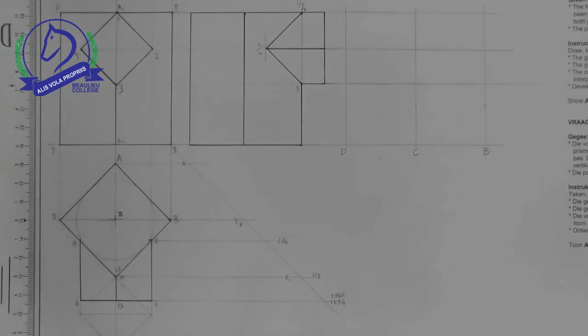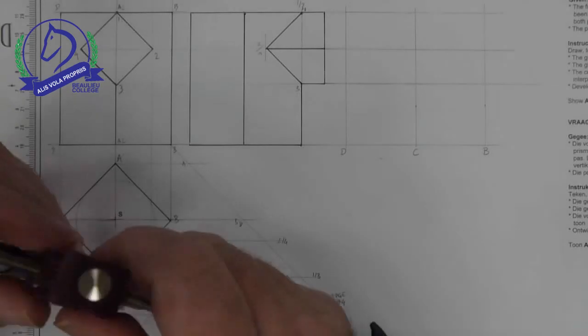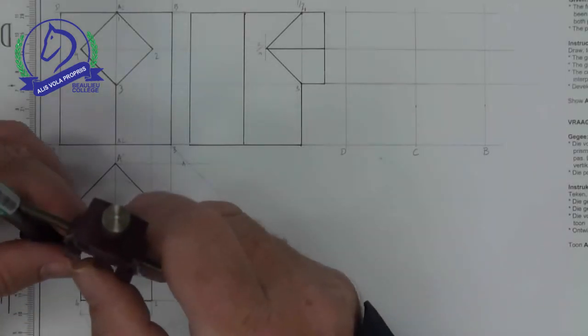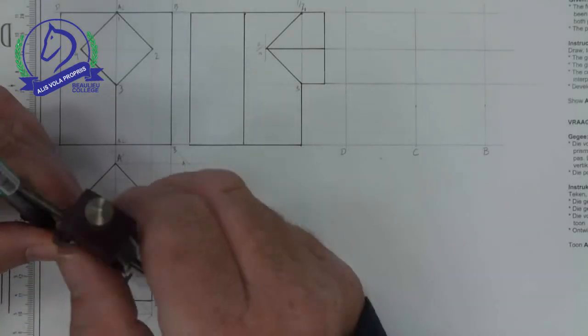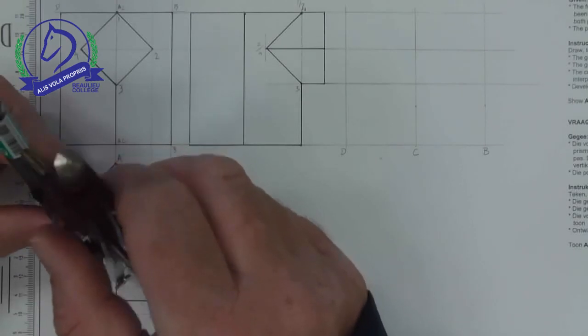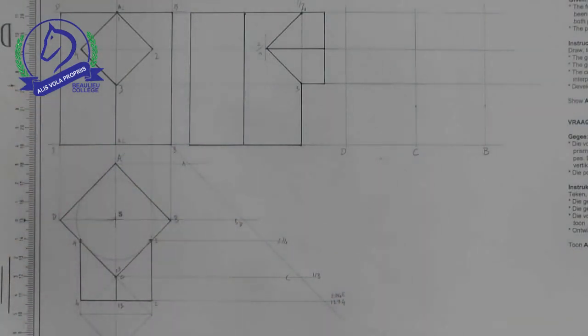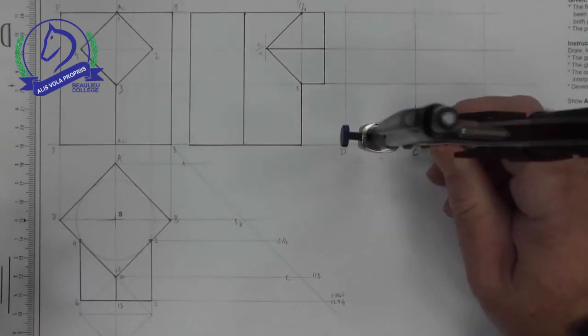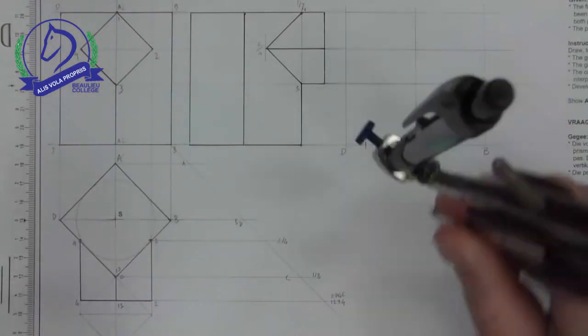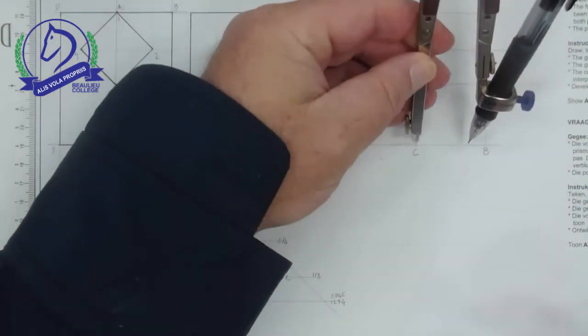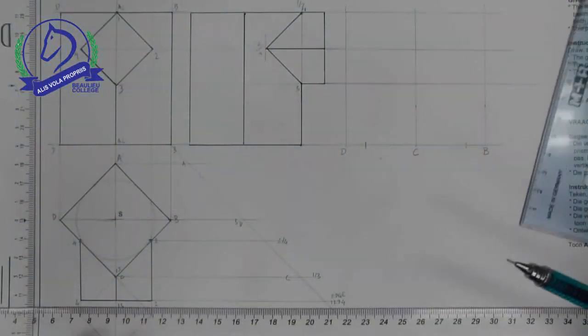So I'm going to take the common point here, which is point C. I'm going to take the distance from point C to point 4, which would be the same measurement to point 2. Go to point C in my development, mark those points off on either side, and then project those up.